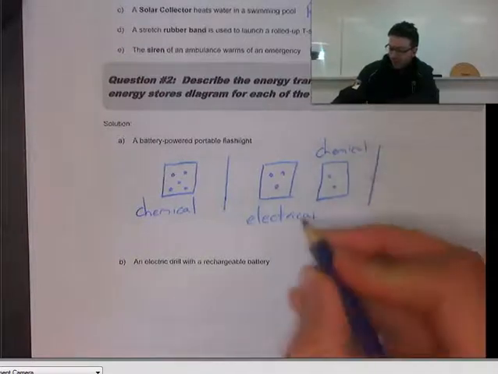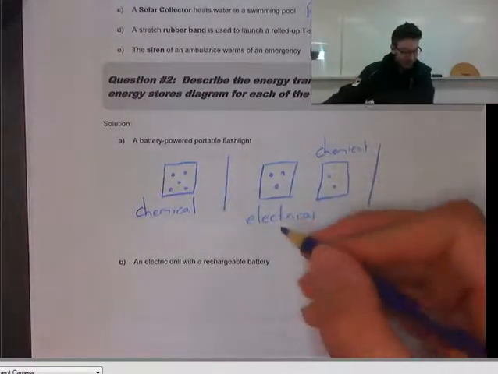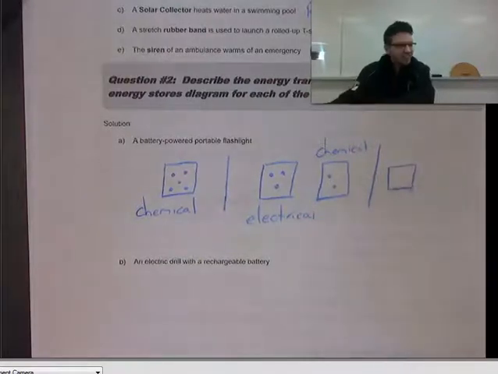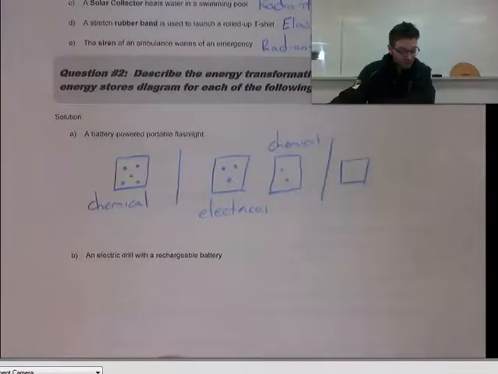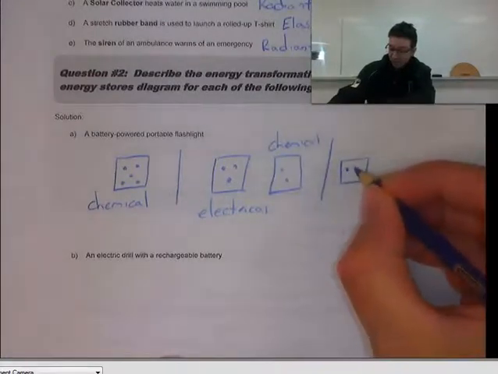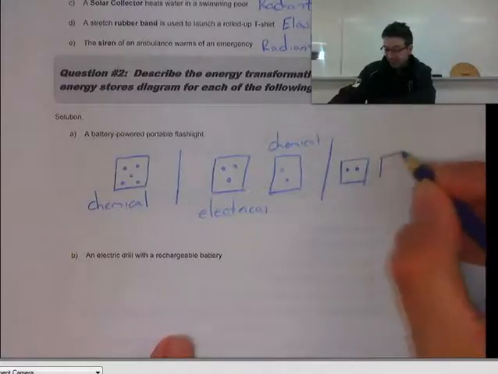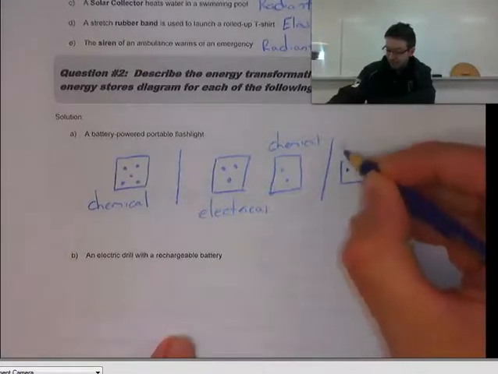And then that electrical can be transferred into maybe thermal. If you're just using an incandescent light bulb, those ones get pretty hot. So maybe a lot of it gets transferred into thermal. And then you'll get light, which is radiant.